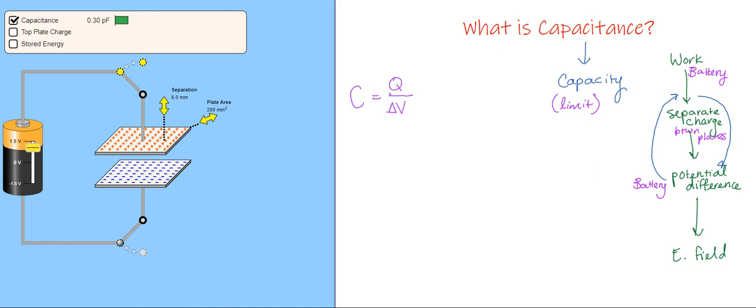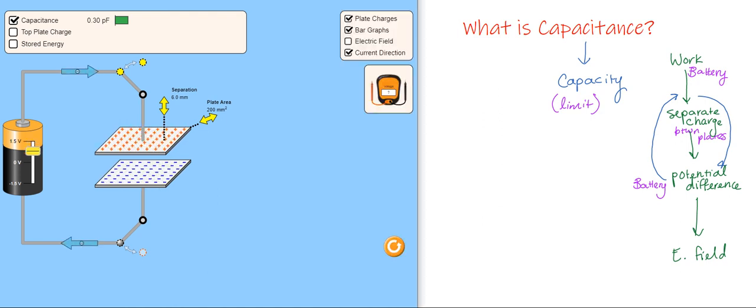So going back to this definition here, we see that this is a ratio of sorts. But as we adjust the voltage of the battery and the charge amount adjusts, and I'll go ahead here and turn on the meter for the charge, I see that the charge is actually changing as I change the voltage. If voltage goes up, charge goes up, but the capacitance is unaffected.